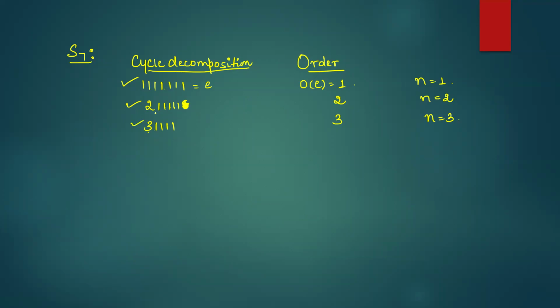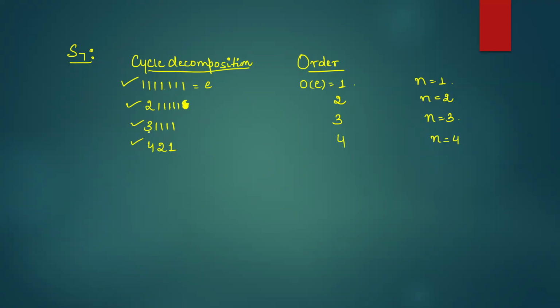Now, can the value of n be equals to 4? Yes, for the value of n equals to 4, मुझे एक 4 cycle जरूर चाहिए, and the rest all should be less than that. So 4, इधर 5, 6, 7. So इधर जो order of the element है, it is 4, and so the value of n here is equals to 4.